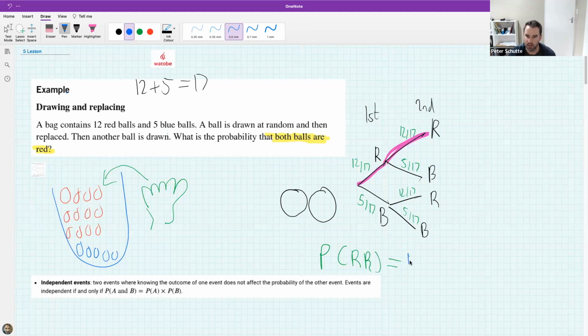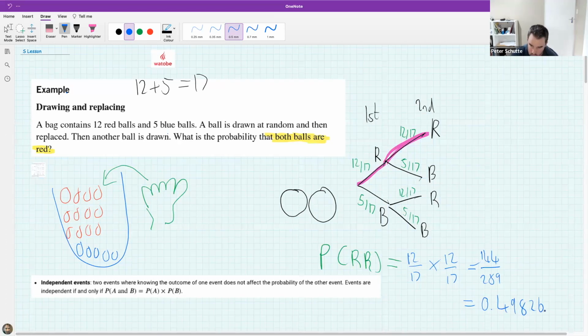So I think you are just going to go 12 over 17 times 12 over 17, which is equal to 144 over 289. If you wanted to put it into decimal language, you would go 144 divided by 289, and that would give us 0.49826, and so on.